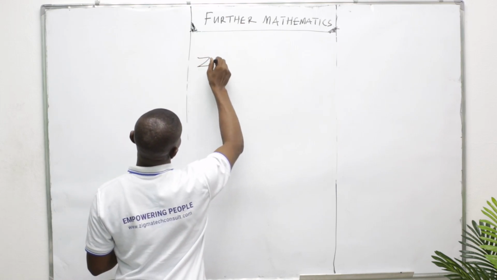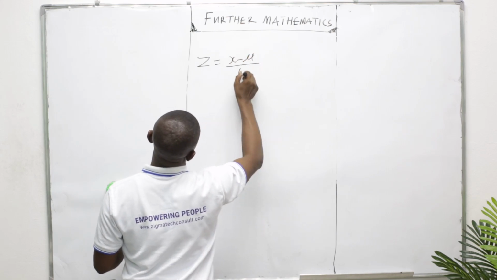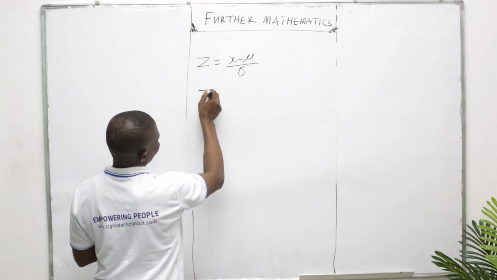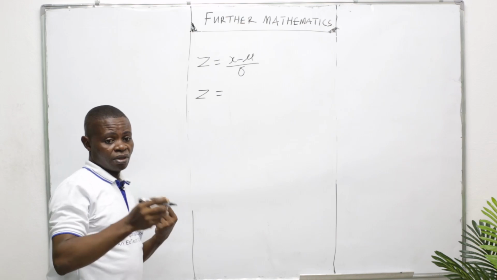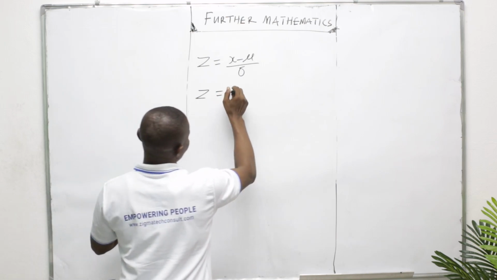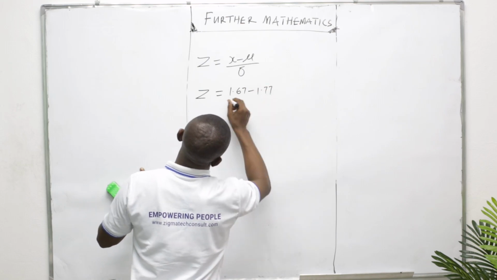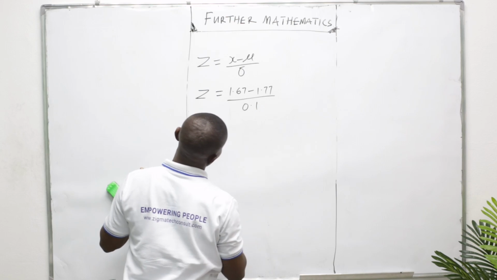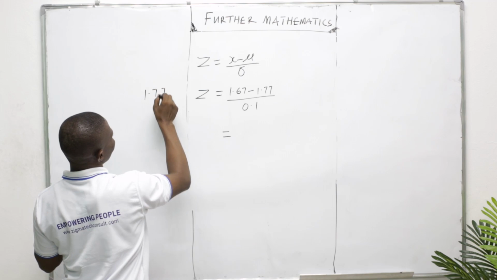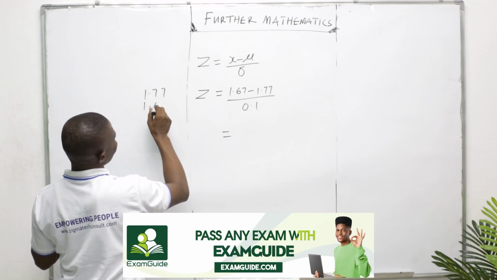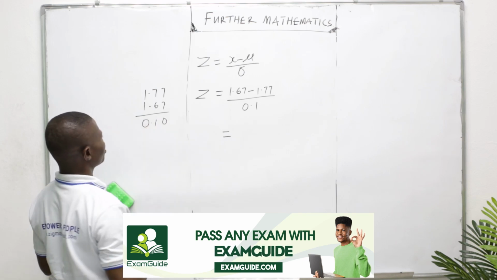Okay, z equals x minus mu all over standard deviation. First z, I can call it z1, is my choice against the first value, 1.67 minus mean mu all over 0.1. I will have 1.77, 1.67.